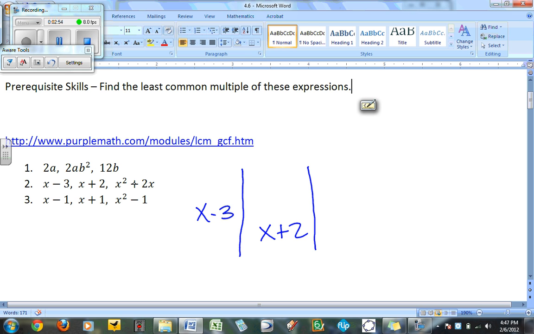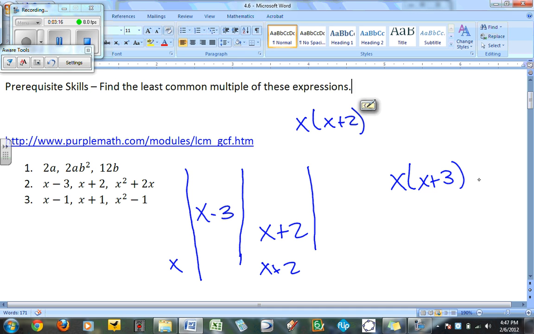And then this one I can pull an x out, and I have x out in front and x plus 2. So this one breaks down into an x column, which I'm going to put out in front, and an x plus 2, so we can fill it in this column right here. Again, take 1 from each column. So we need an x times an x minus 3 times an x plus 2. That is the least common multiple of these 3.